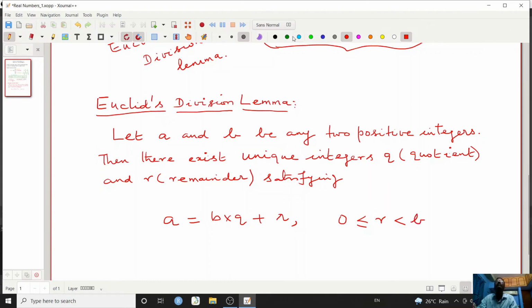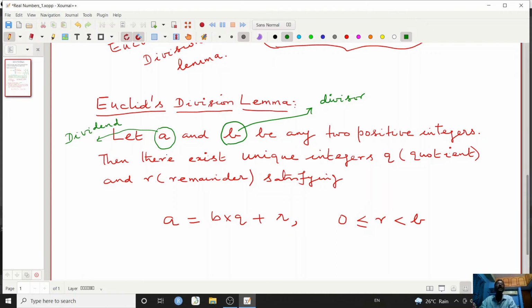Now for your understanding, let us take B to be our divisor of the two positive integers, and let us take this A to be our dividend.